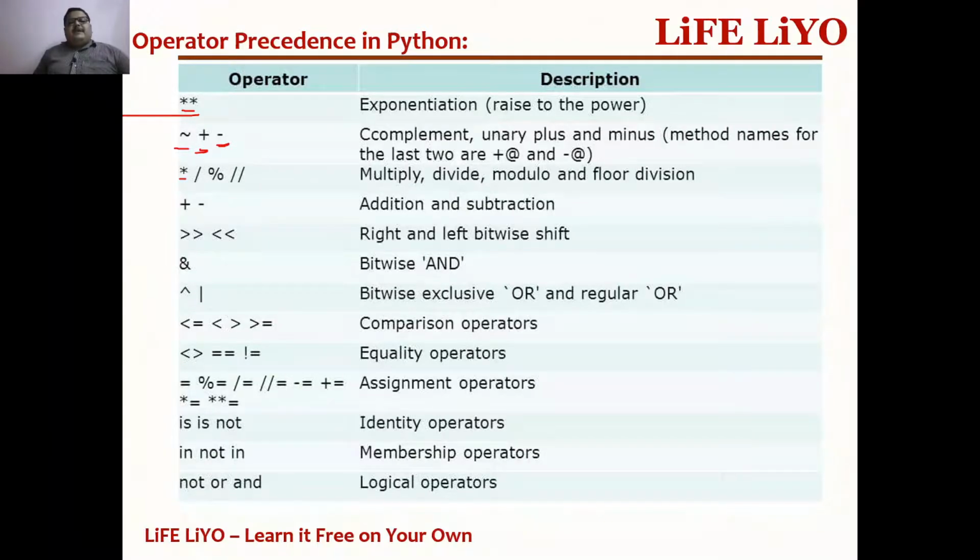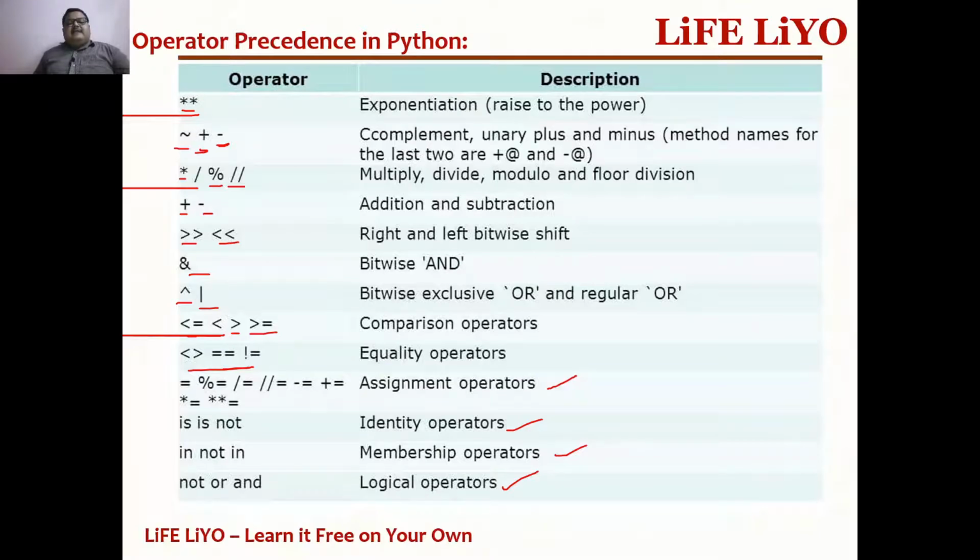Then multiplication, division, modulo division, floor division, addition, subtraction, right shift, left shift, bitwise AND, bitwise exclusive OR, bitwise OR, less than or equal to, less than, greater than or equal to, that is comparison operators or relational operators, then equality operators, then assignment, then identity, then membership, and at the last step you have to evaluate the logical operators.